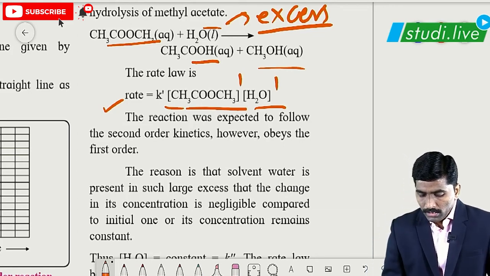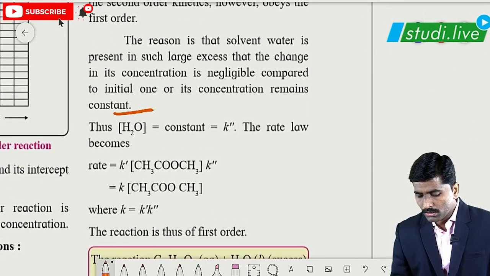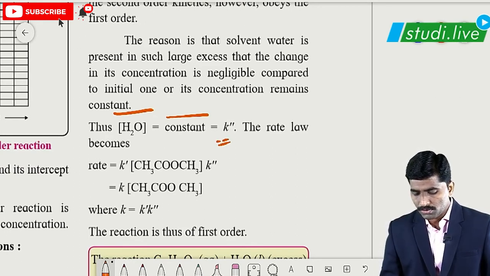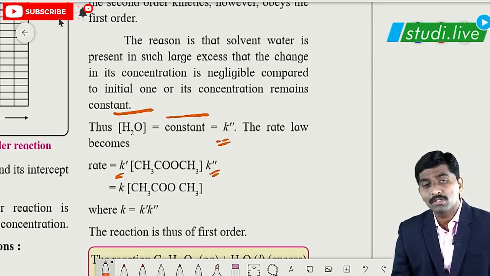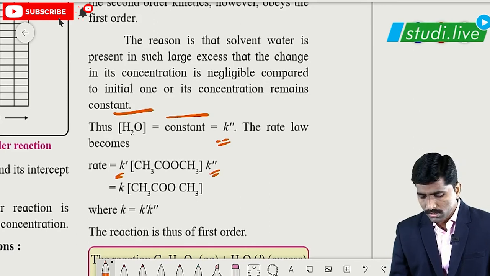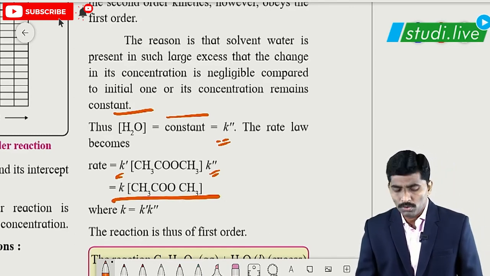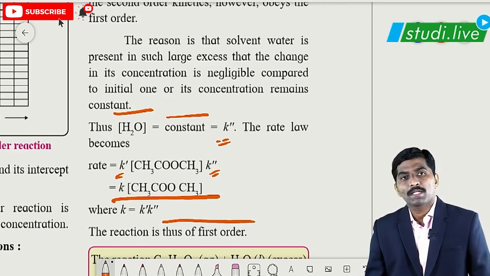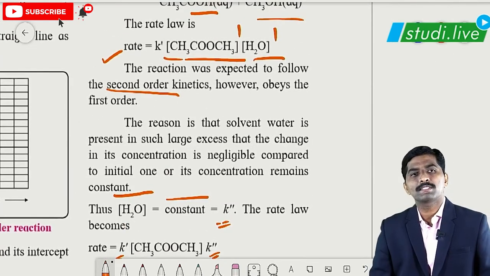But if we have taken water in excess amount, the concentration of water will remain practically constant. That will be denoted as K double dash. So rate will become K dash, that is the usual rate constant, into K double dash, that is the concentration of water remaining constant. What we will be left with, rate is equal to K times the concentration of ester only, from where we can conclude that it is of first order, but actually it was of second order.